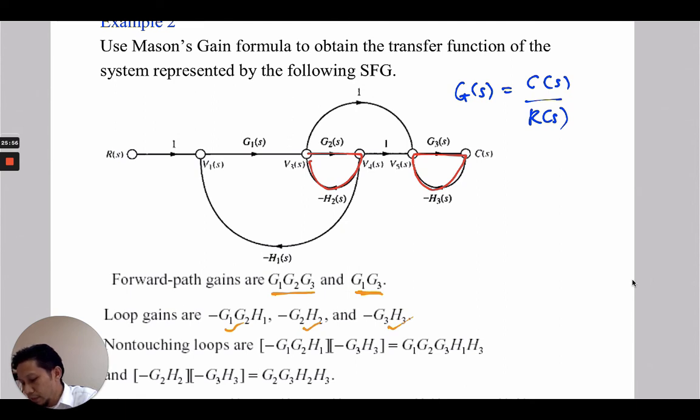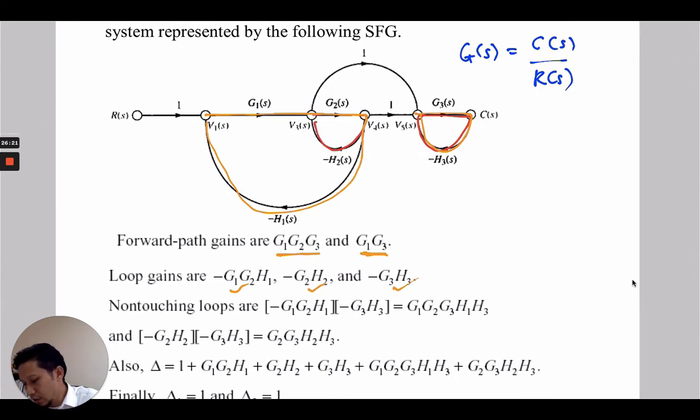We have G2 negative H2 and G3 negative H3, and we have another one, which is G1 G2 negative H1 and G3 negative H3. So we have two pairs.